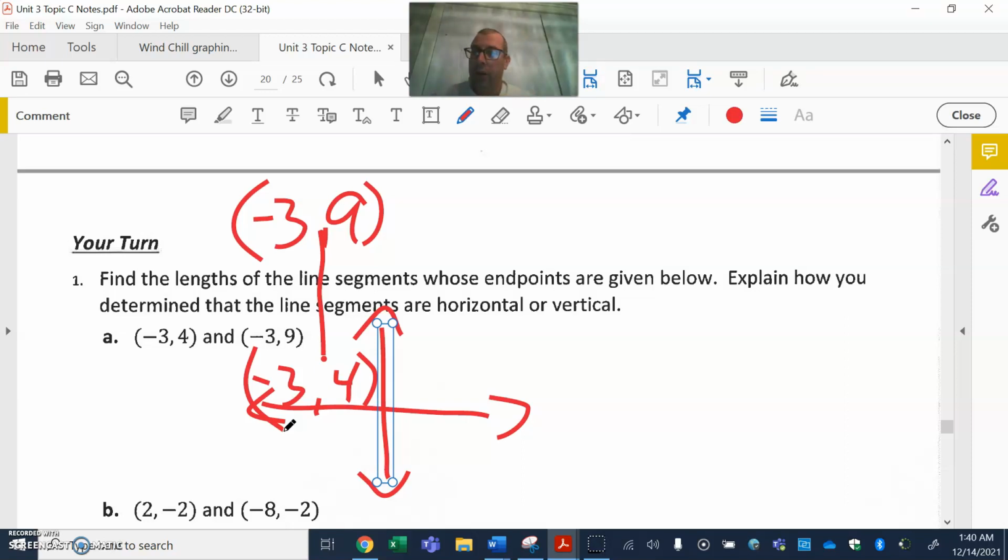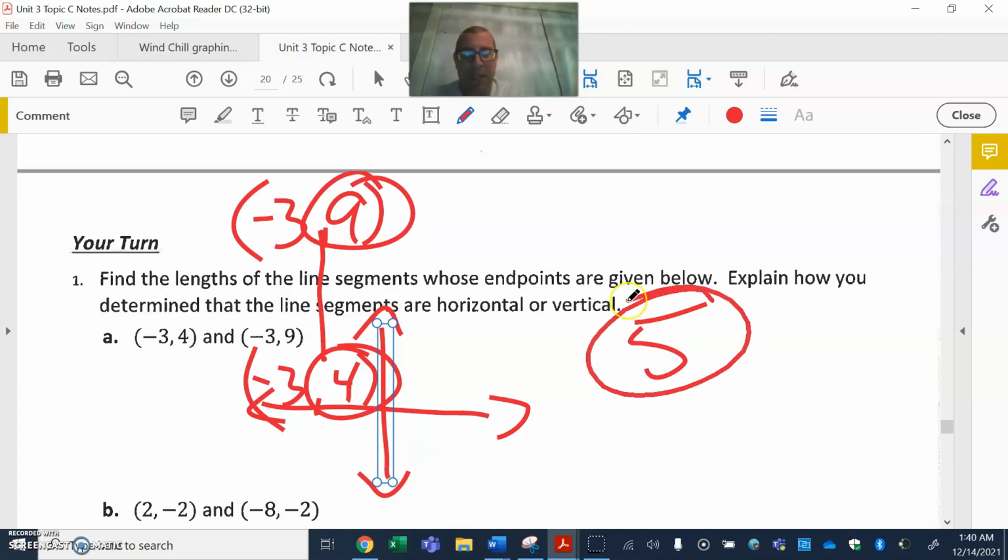Of our coordinates, the first number makes us go left to right, so I don't want that one. The second number makes us go up and down. So we're focusing in on that 9 and that 4, and we're trying to figure out how far it is. You can go to your number line, or you can also use your mental number line. To get from the number 4 to the number 9, you have to travel 5 units. And so there we go.